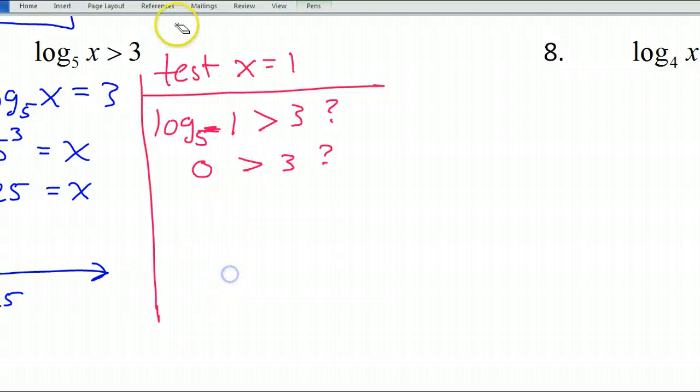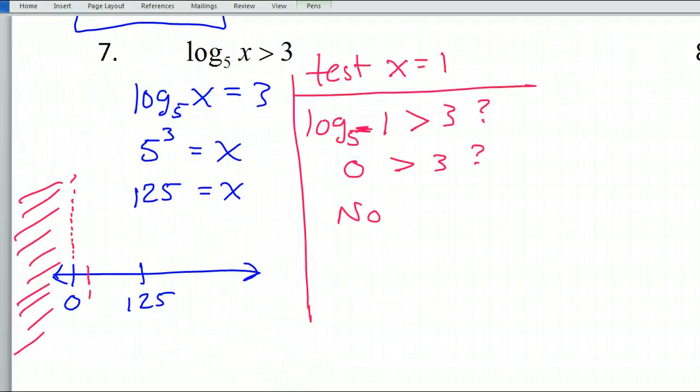Now this is a question mark because I'm asking the question: is 0 greater than 3? I don't think so. 0 is not greater than 3. So that's a no. That means there are no solutions in this zone, which means the solutions must be in this area.